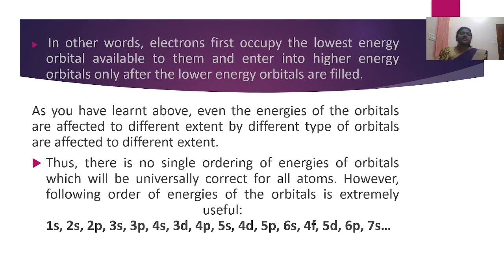There are some variations for separate atoms. However, the following order of energies of the orbitals is extremely useful. The energy order is like this. The lowest one is the 1s orbital, and then the 2s, 2p, 3s, 3p, 4s, 3d, 4p, 5s, 4d, 5p, 6s, 4f, 5d, 6p, 7s, like that. It continues.